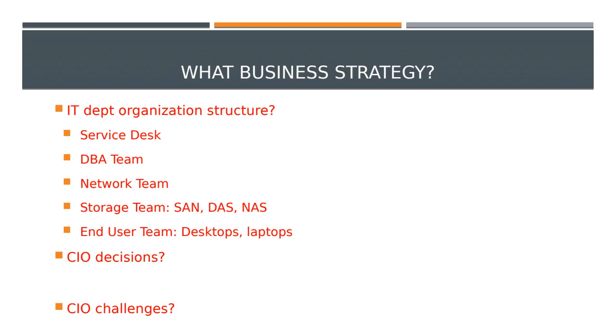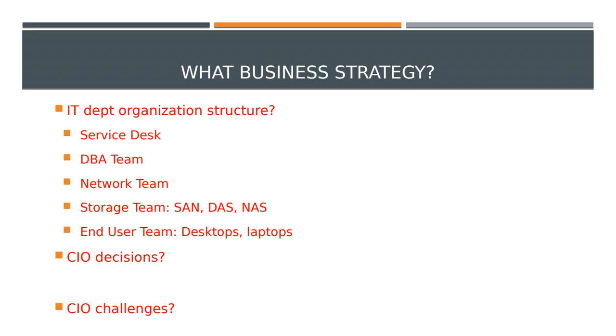So when we talk about business strategy, what is business strategy? What is the meaning of strategy? Strategy is a plan, a long-term plan. Long-term means more than 1 year, 2 years, 3 years. For your service desk, for the database team, network team, storage, and so on, you want to put their strategy.